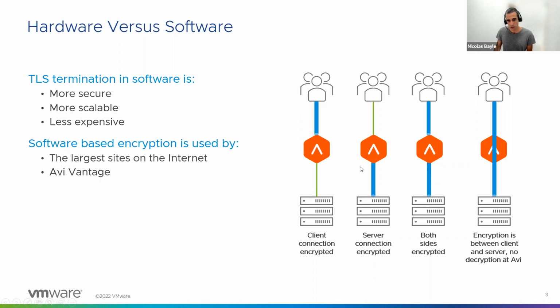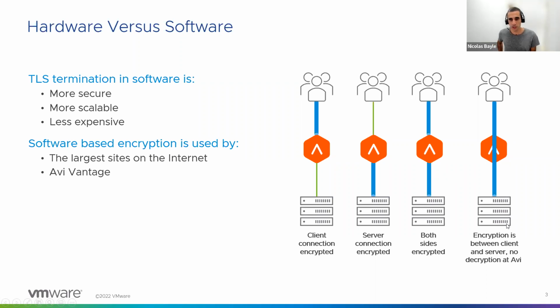On the second one, you have no TLS session, you have clear traffic between the client and the load balancer, and then encrypted traffic between the load balancer and the application server instances. On the third scenario here, everything is encrypted from the client to the load balancer and from the load balancer to the servers.